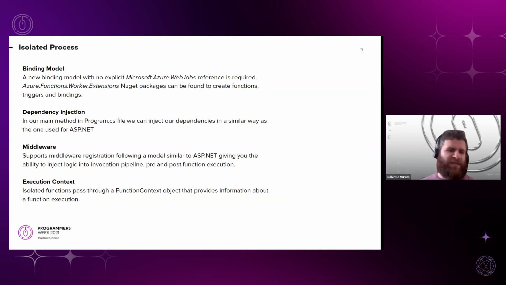And also you have the execution context in the function, where you can pass through a function context object that provides information about the execution. You can have access, for example, to the logger, which, as I mentioned before, you don't need to pass through the function, but it's going to be in the context.